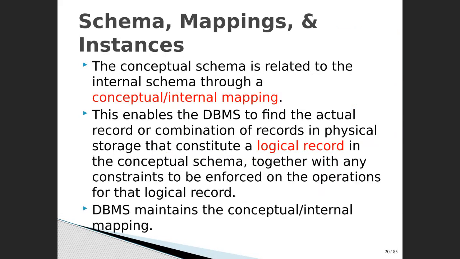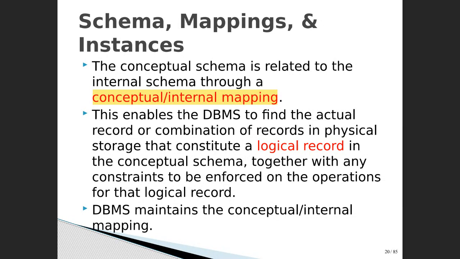Now we have two types of mapping. All right, maybe you understood, or you have this idea now in your mind about it. If it is between the conceptual and internal, it will be called conceptual internal mapping. Okay, whatever is in the conceptual level will be corresponding with the internal level.